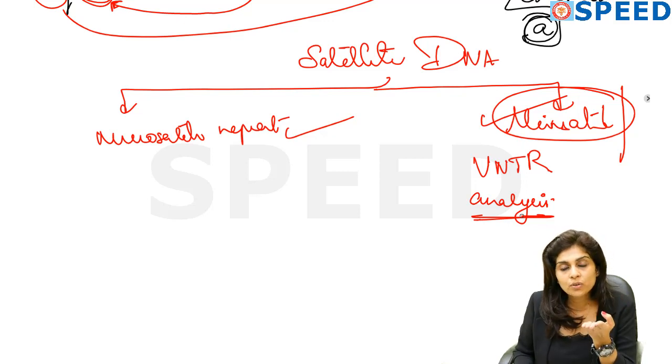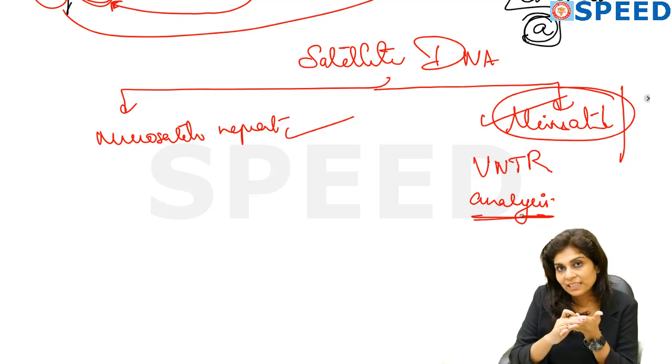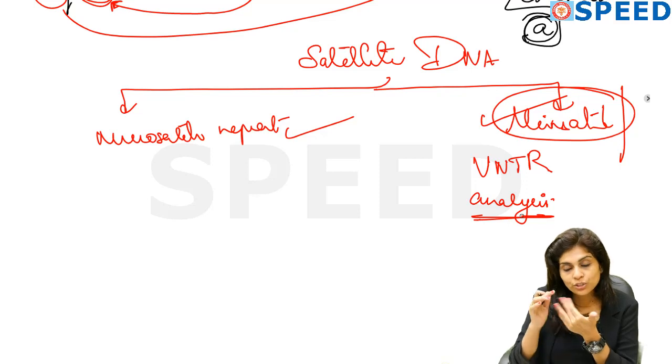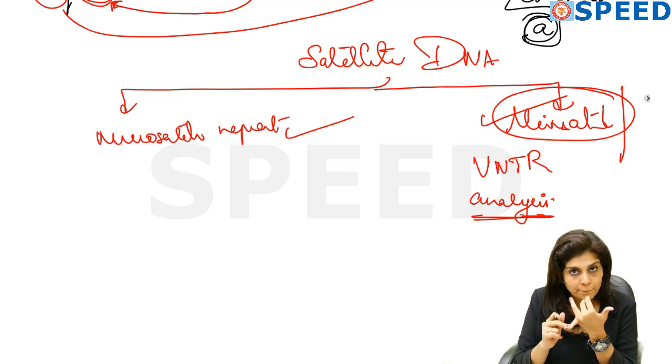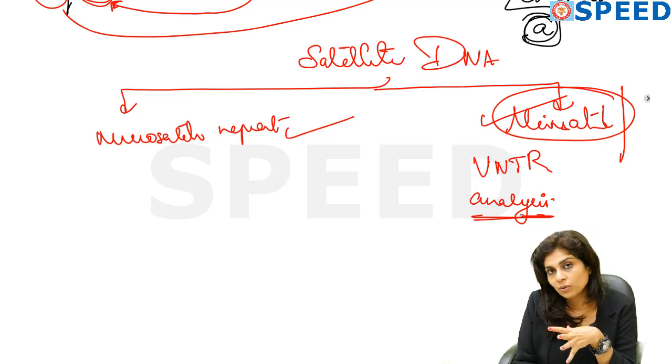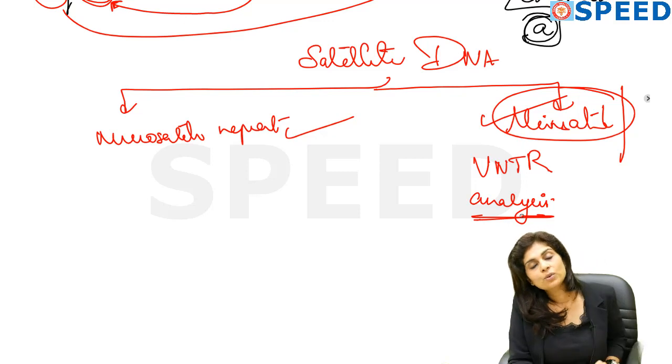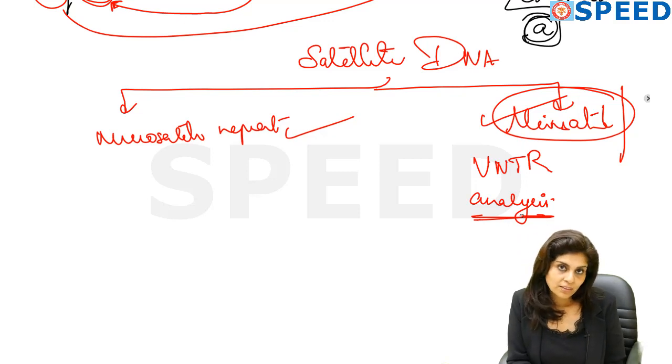So the fourth step is called the hybridization step. After you give enough time for hybridization, you wash away excess unbound probe and you expose it to X-ray. That's called an autoradiogram. By visualizing the autoradiogram, you will know which fragment has got the gene of interest.